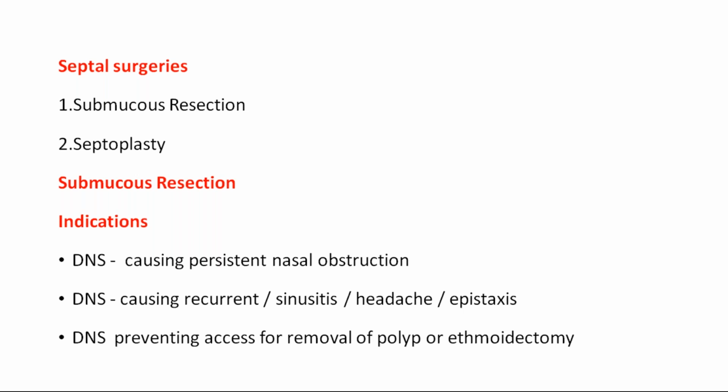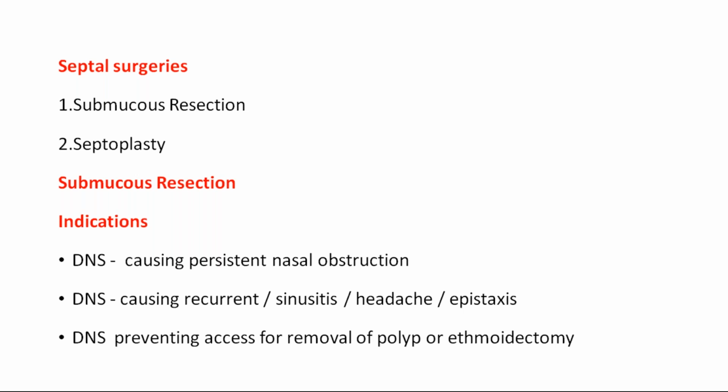If it looks off white, one or two layers, one layer might still be left behind. When you get ivory white cartilage, you are in the correct plane. If you have not got ivory white, maybe a thin layer is still persisting over the cartilage. So make sure you elevate at the correct plane to prevent bleeding.